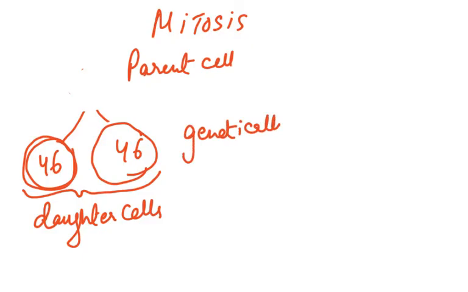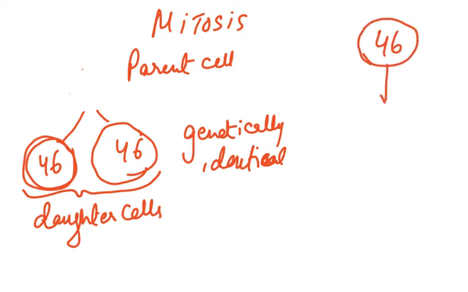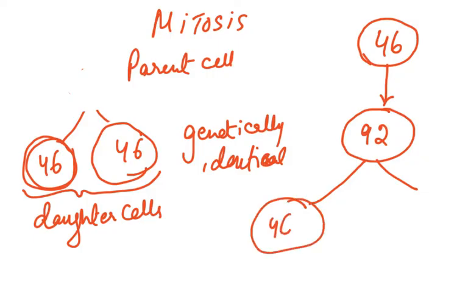Why genetically identical? The reason is that all the chromosomes have to be copied. First of all, the 46 chromosomes in one cell become 92 chromatids, and then it divides into two cells with 46 in each. Now, what are chromosomes made up of? Chromosomes are made of DNA. So, what is this process going to be called?